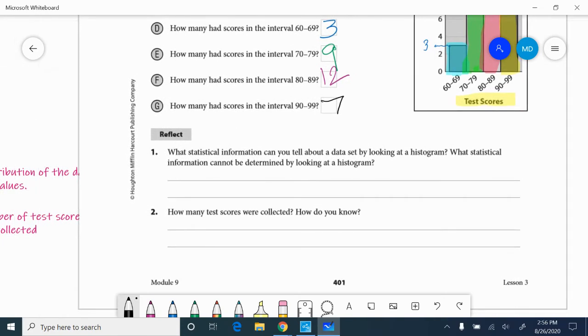So what statistical information can you tell about a data set by looking at a histogram? And what statistical information cannot be determined by looking at a histogram?